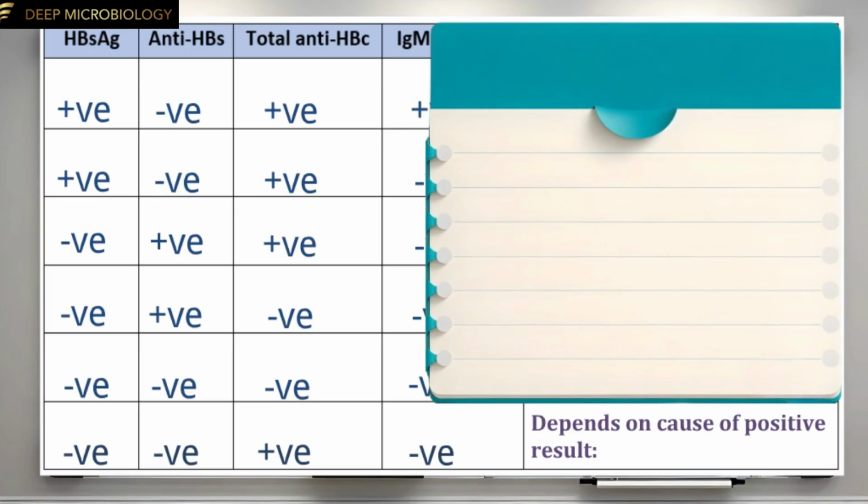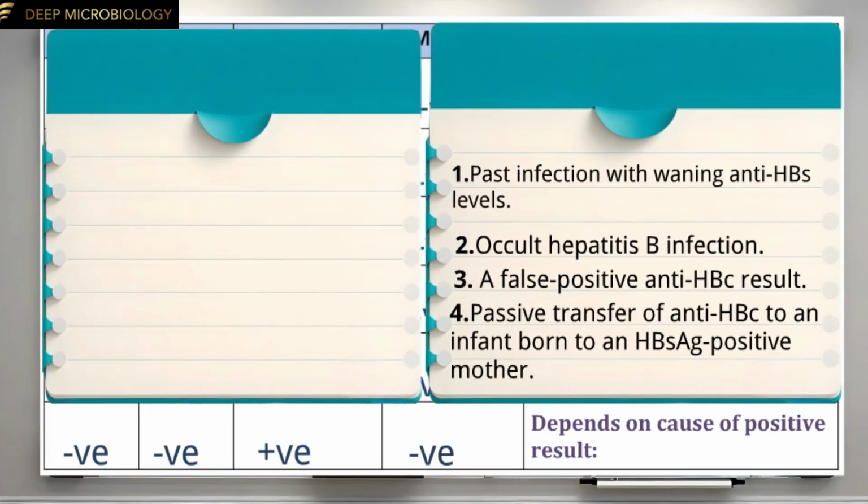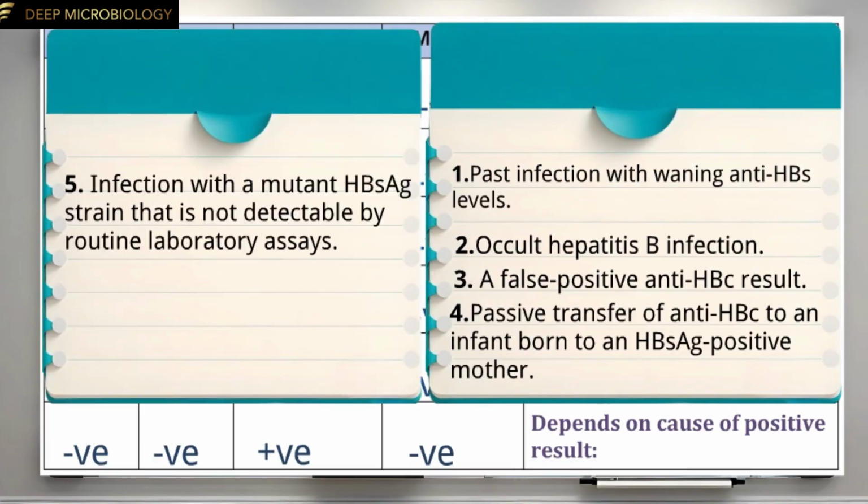Possible explanations include past infection with waning anti-HBs levels; occult hepatitis B infection, the presence of HBV DNA in the liver or blood of a person who is negative for HBsAg, which occurs when viral DNA persists despite the absence of HBsAg, making the infection occult or hidden from standard tests; a false positive anti-HBc result; passive transfer of anti-HBc to an infant born to an HBsAg positive mother; or infection with a mutant HBsAg strain that is not detectable by routine laboratory assays.